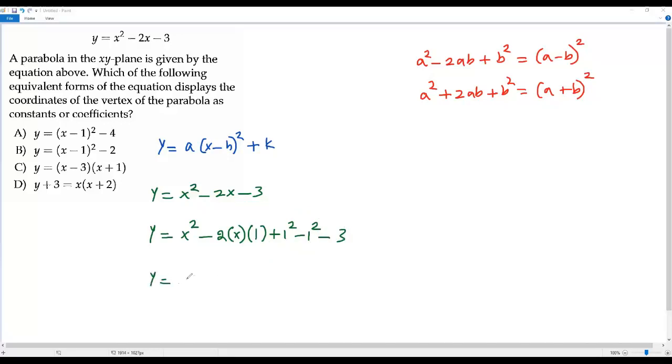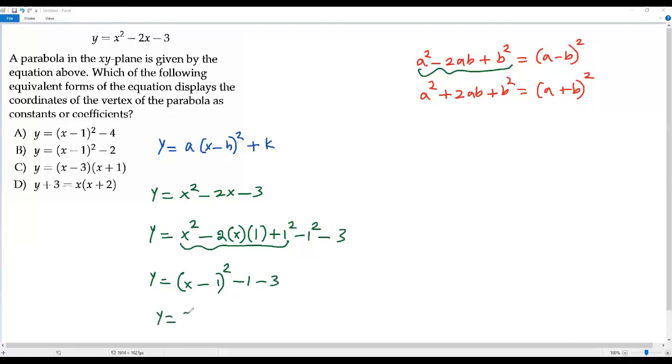So we have y equals, and now the first three terms in this expression are exactly in the form a squared minus 2ab plus b squared. For that we can write (a minus b) the whole squared, but here instead of a we have x, instead of b we have 1, so we can write (x minus 1) whole squared. And negative 1 squared is just negative 1, and then negative 3.